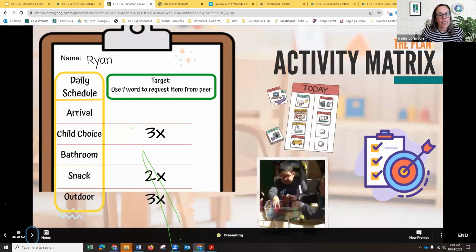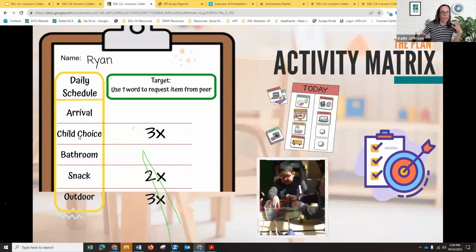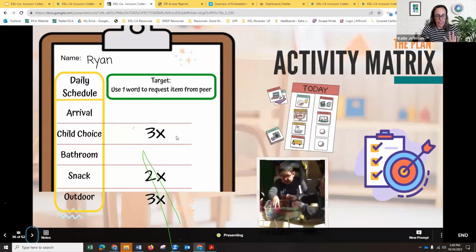So we've got the daily schedule right here, right? This is a pretend daily schedule. I'm sure you all have many more activities within your day. And then we've got the target, which we talked about already, using one word to request an item from a peer. Looking at this activity matrix, I want you all to think about where there's a little mark with a number, where the team has decided they want to implement this learning target.